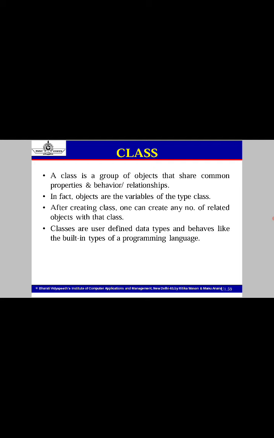After creation of a class, one can create any number of objects, and all the objects have the same properties, attributes or characteristics of the original class. Classes are user defined data types and behave like the built-in types.